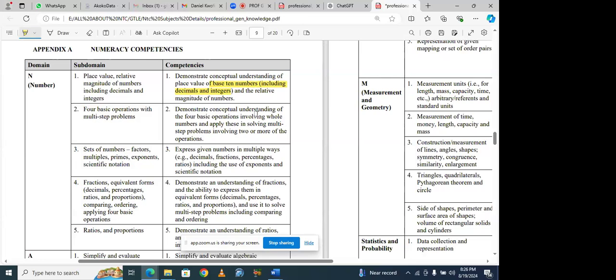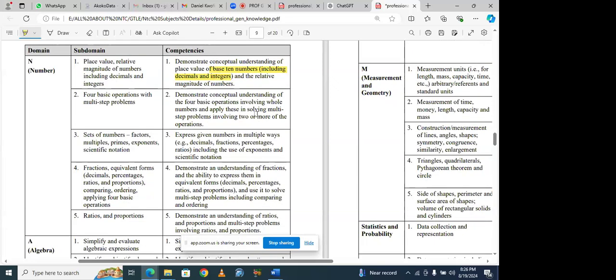Anyone to help us? That is just a mock-up we are doing before we kickstart. So base 10 numbers are going to be our focal areas. And we are saying base 10 numbers including decimals and integers. So please, I ask, what are base 10 numbers?